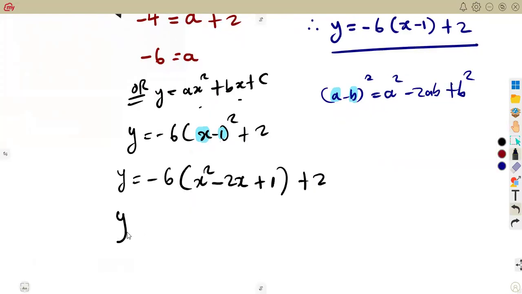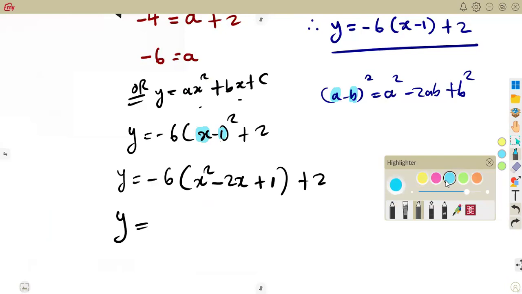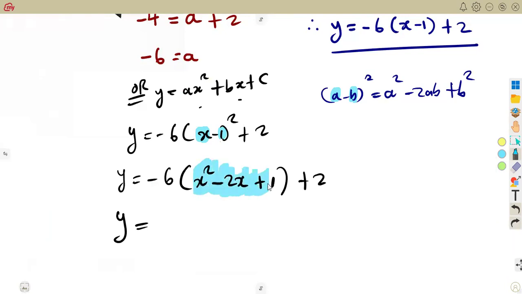Then from there, we can expand this bracket by distributing the negative 6, which is outside of this bracket. Each and every term inside of the bracket has to be multiplied by that negative 6. So what are we going to have at the end? Negative 6 times x squared, that's negative 6x squared.